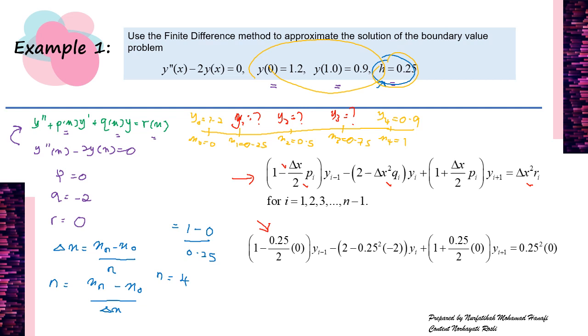We will have y(i-1) - 2.125y(i) + y(i+1) equal to 0, for i equal to 1, 2, and 3. Why i is equal to 1, 2, and 3? Because based on our number line.